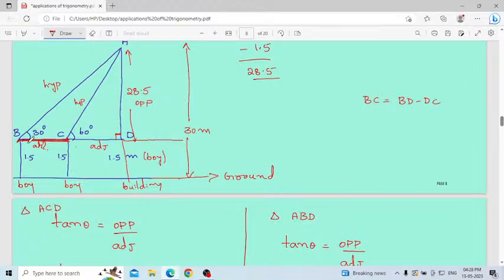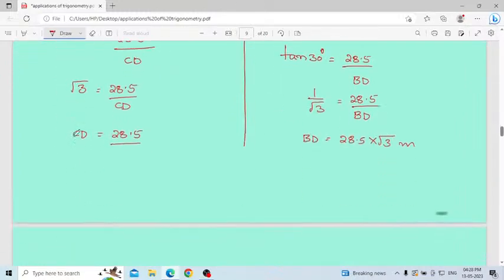You have to subtract this part from the full length, then you will get BC. I will substitute in the next page. Then BD minus CD is equal to BC.